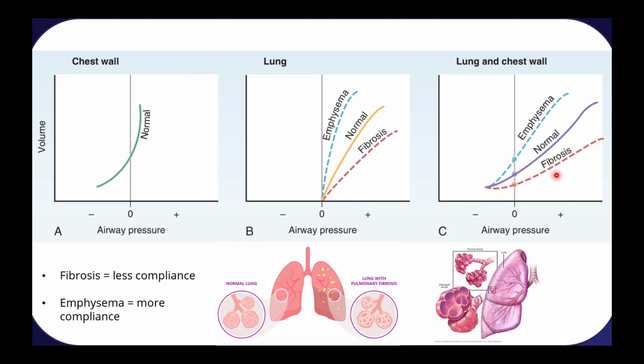Now it's even lower, and they have a lower FRC. The reason that they have lower FRC and not the normal FRC is that at the normal FRC, as you can see here, it intersects here, so there is higher tendency for the system to collapse.